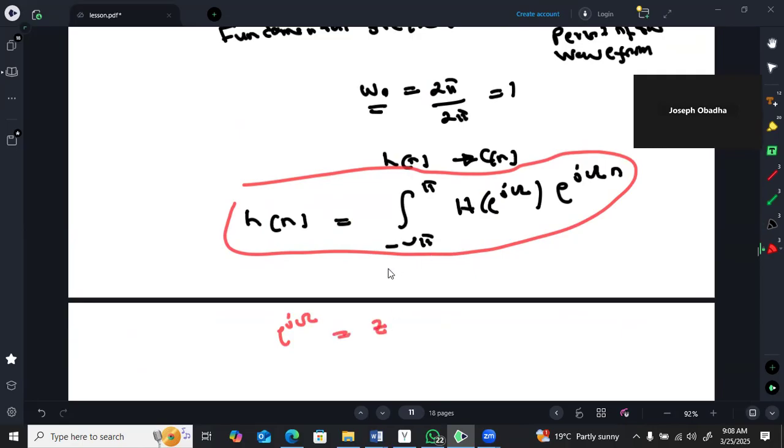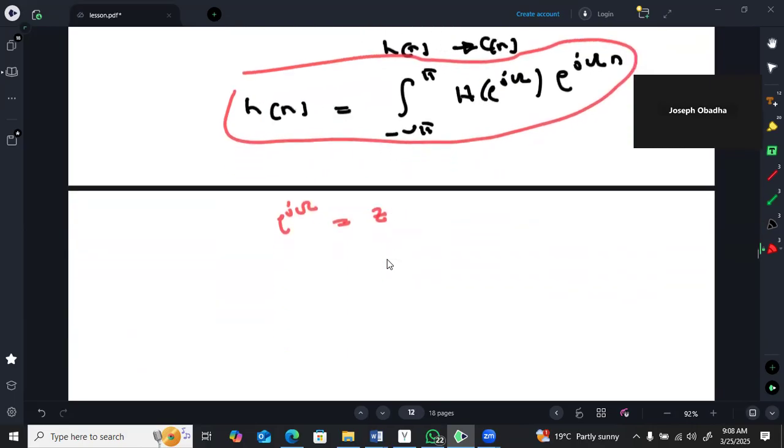A possible z transform associated with this function would be H(z) equal to the summation from minus infinity to infinity of h(n) z^{-n}.